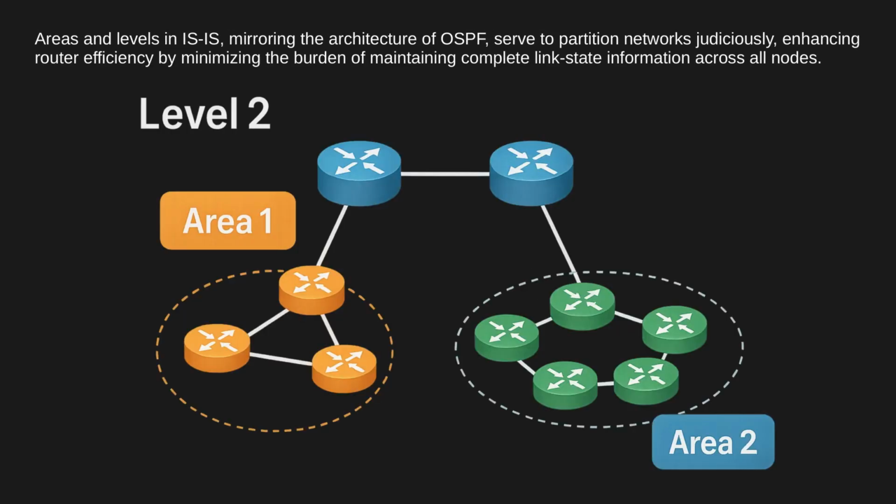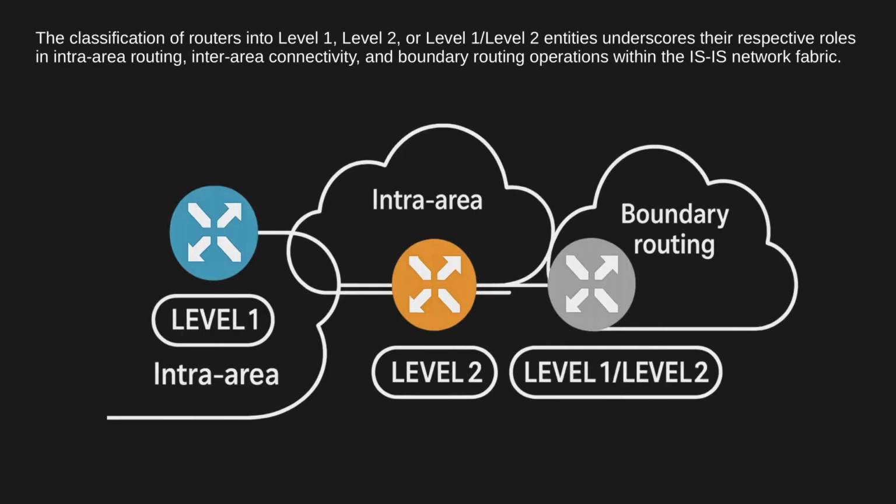Areas and levels in ISIS, mirroring the architecture of OSPF, serve to partition networks judiciously, enhancing router efficiency by minimizing the burden of maintaining complete link state information across all nodes. The classification of routers into Level 1, Level 2, or Level 1/Level 2 entities underscores their respective roles in intra-area routing, inter-area connectivity, and boundary routing operations within the ISIS network fabric.